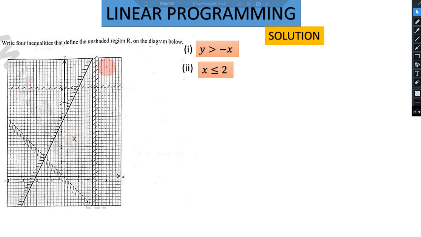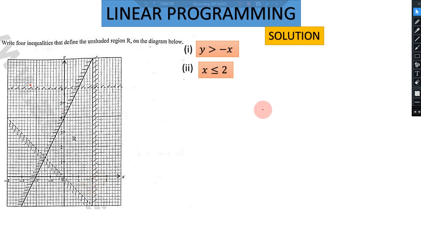Since this is a solid line, we can only use those with equal signs. Because it has been shaded on the right, it is less than or equal to. That's where this less than is coming from. Then where is the 2 coming from? Where this vertical line is cutting, it is cutting x at positive 2.